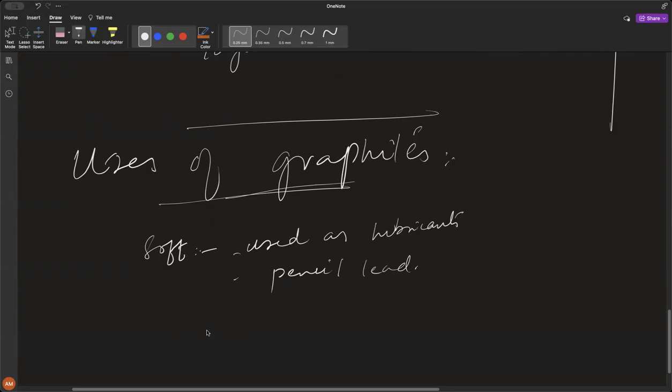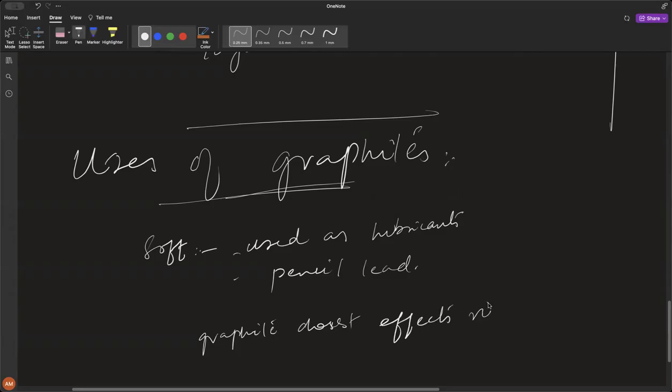Another important point is that graphite does not destroy rubber. Okay, it does not affect rubber.